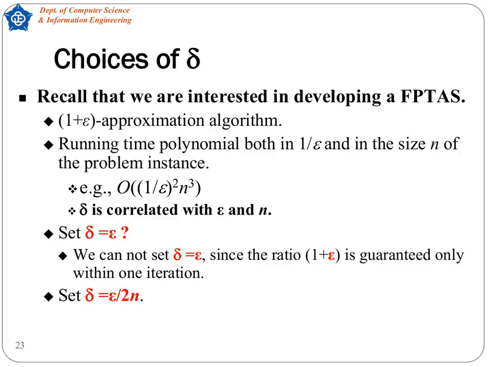Since delta directly affects both accuracy and running time, you might wonder, why not simply set delta equals epsilon? That only guarantees the 1 plus epsilon factor in a single iteration, not across the entire algorithm. To preserve our overall approximation bound at every step, we instead choose delta equals epsilon / 2n.